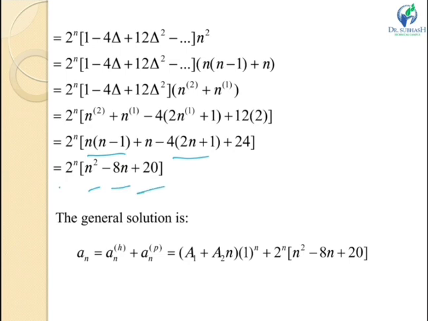So this is the required particular solution of the given recurrence relation, and the general solution is given by homogeneous solution plus particular solution, that is an equal to anh plus anp, and I will substitute both the values here. So dear students, this was the operator method to find the solution of non-homogeneous equation. Thank you.